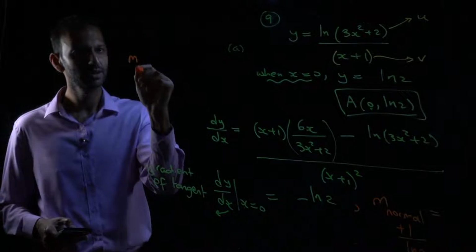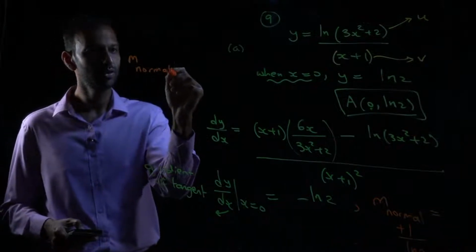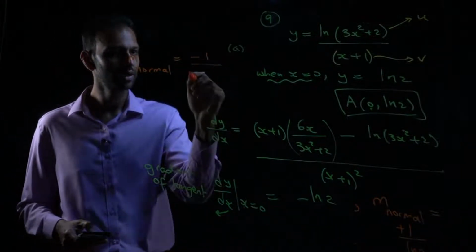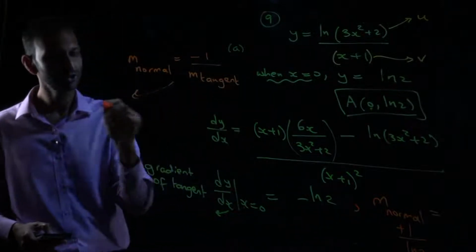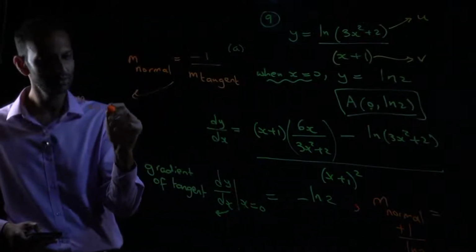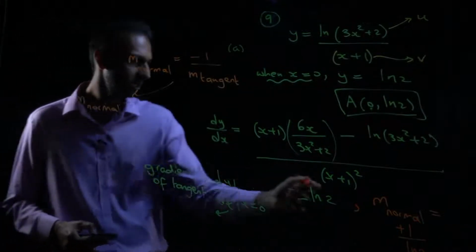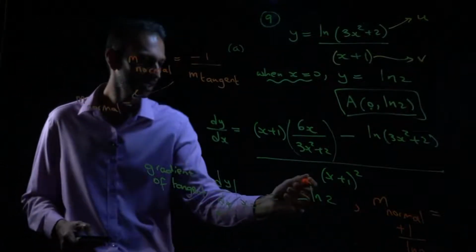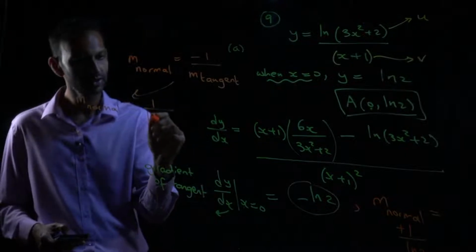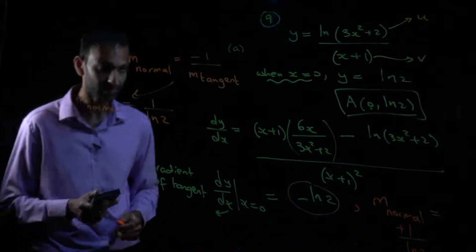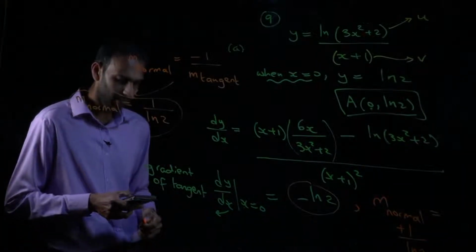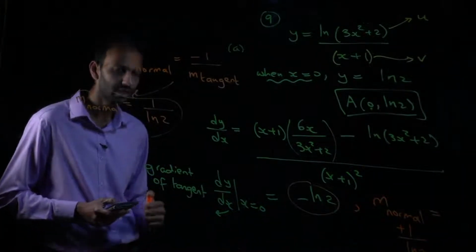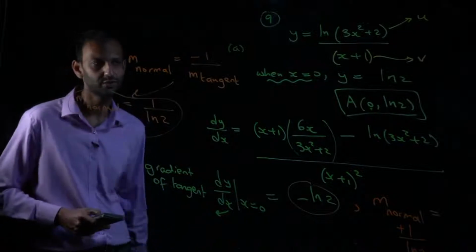I repeat, gradient of the normal is minus 1 over gradient of tangent, the negative reciprocal of the gradient of the tangent. So it's 1 over ln 2. So we got the gradient of the normal now. The next step is to find the equation of the normal, which is straightforward.